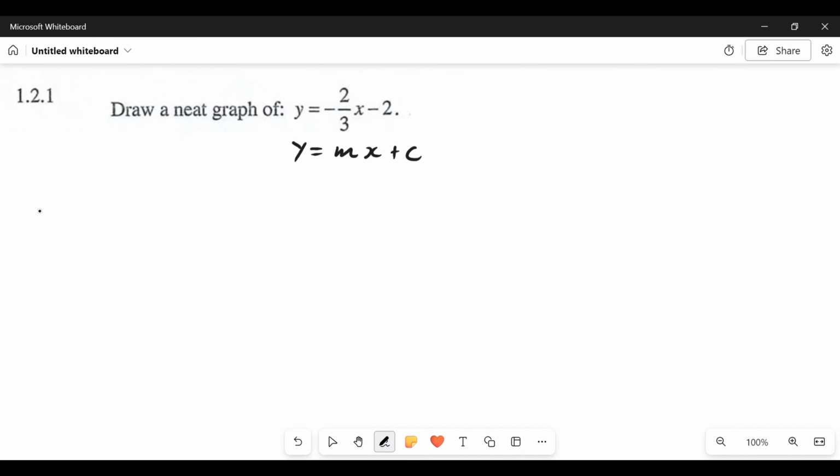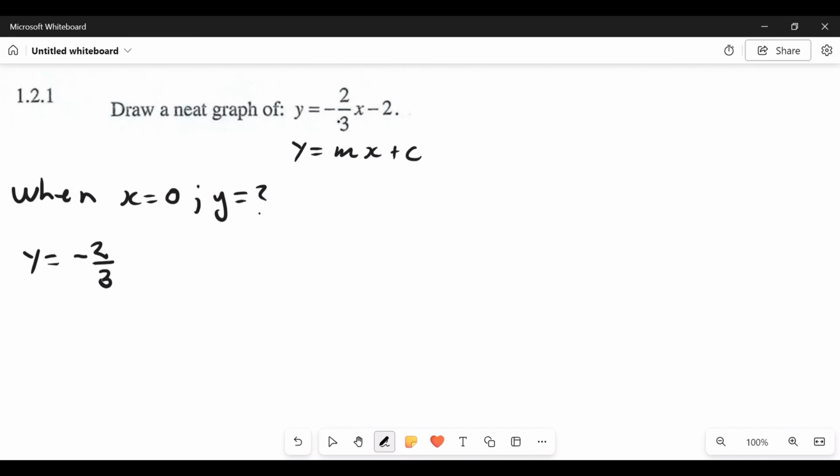Whenever you use this method, you either make x or y 0. So let's start when x is equal to 0. What is our y? When we use this method, we are basically saying that on the original equation, wherever there is x, we substitute with 0.